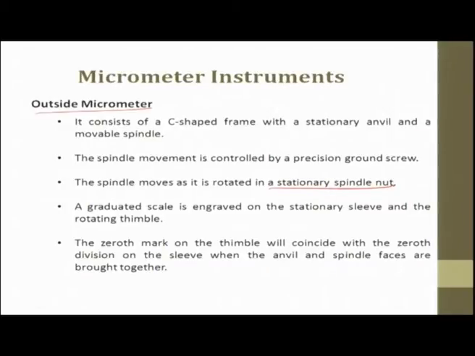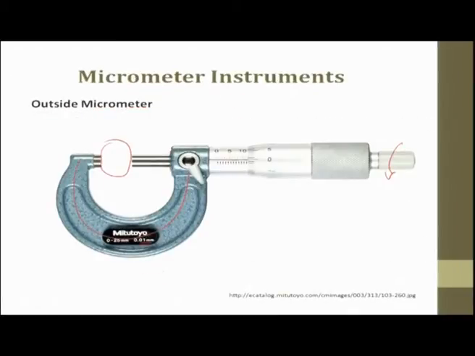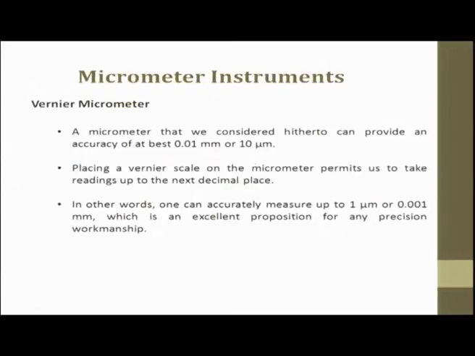The 0th mark of the thimble will coincide with the 0th division of the sleeve when the anvil and the spindle faces are brought together. So, before you start measuring, you are supposed to bring these close to each other and see whether this 0 and this 0 match. If not, you note down the error and do the correction.